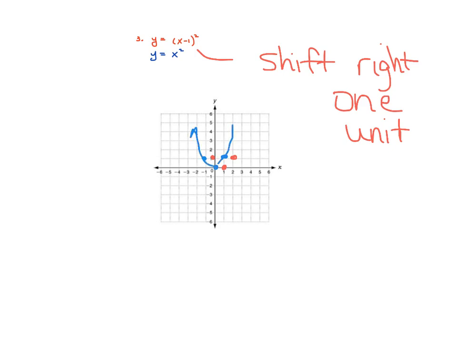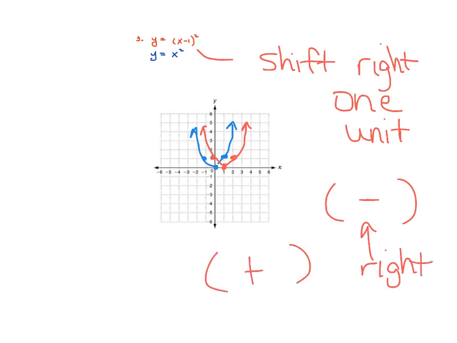And again, remember, when you have x squared, when you connect the points, it should be forming the letter U. So for here, when it's in parentheses and it's a subtraction sign, this means right. When it's a plus sign, this is going to be to the left. And we're going to see that in the next example.